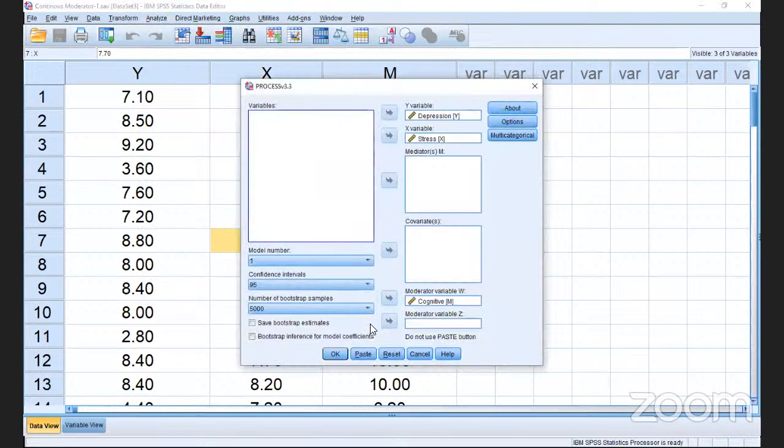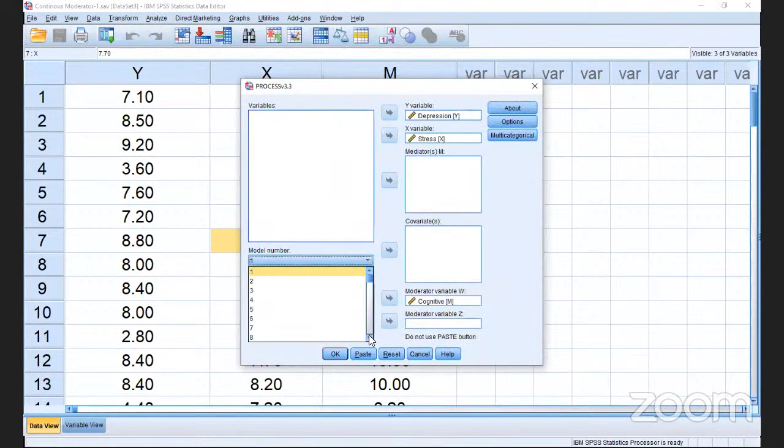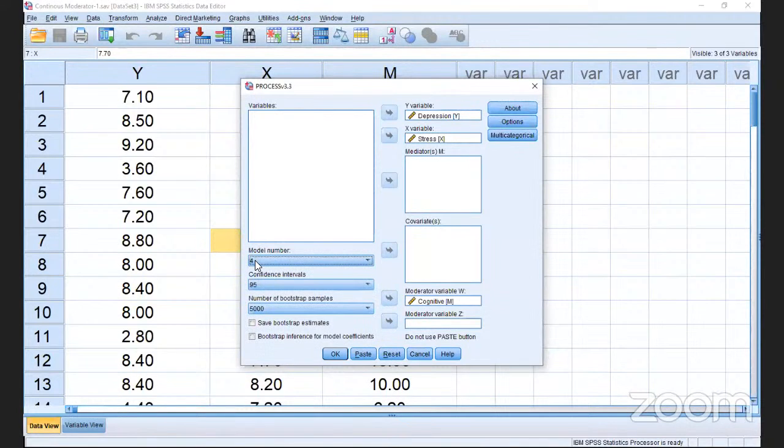How many models here? 86, 92. If you see the new version of the process macro, there are more than 100 models. Earlier we were using model number 1, but now we will use model number 4 because it is about mediation.